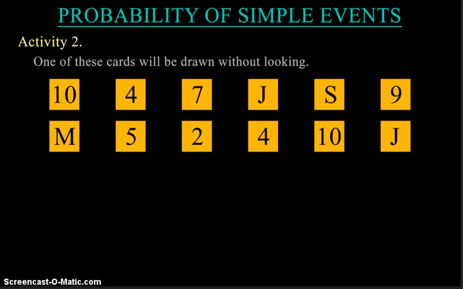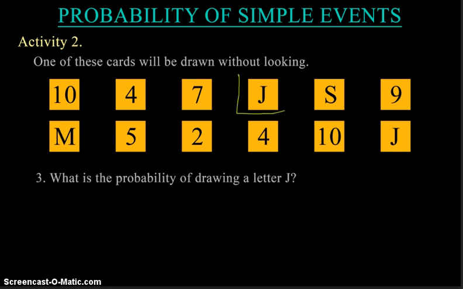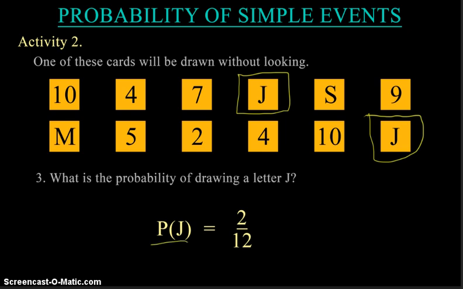Next, number 3. What is the probability of drawing a letter J? Ilan ba yung letter J natin dyan? Okay, so meron tayong dalawang letter J. So, the probability of drawing or picking letter J is 2 by 12.